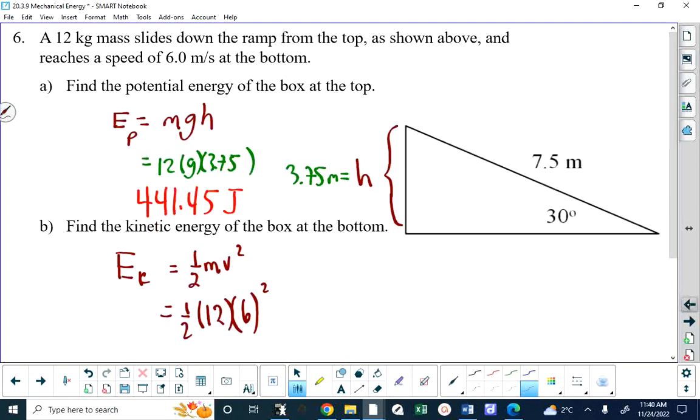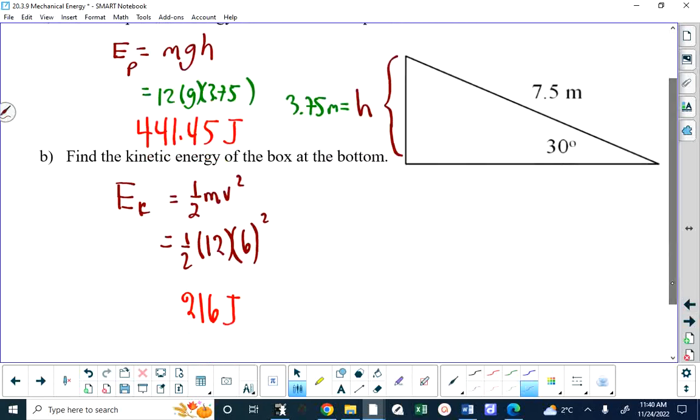By the way, this question says, how much heat is lost by friction? Well, if you had 441 joules of energy in the system at the top, and you only have 216 at the bottom, whatever is the difference between them is the energy produced by friction.